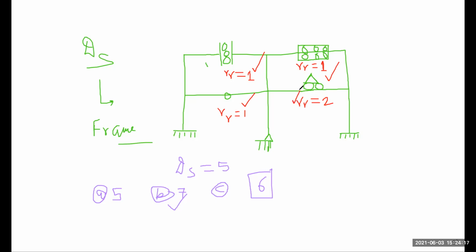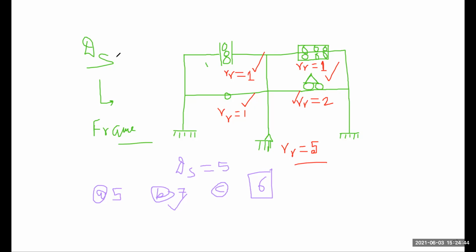But here two reactions are released. So total release reaction is equal to 5: 2 plus 1 plus 1 plus 1. That means 5.